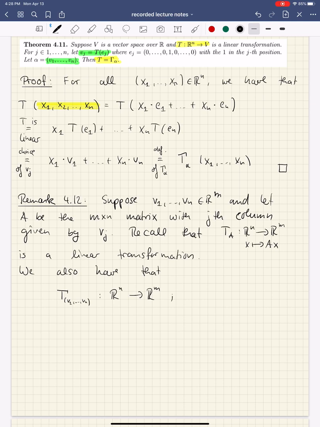Defined as (x1, ..., xn) gets mapped to x1 v1 plus all the way up to xn vn. Then one can check that these coincide. So I highly recommend to you to check that by yourself. And this is just true by matrix vector multiplication.